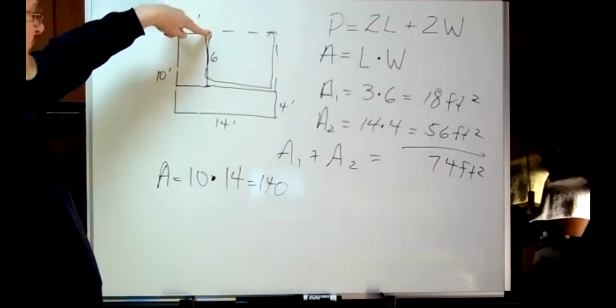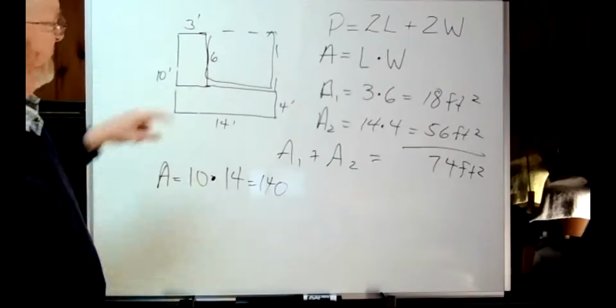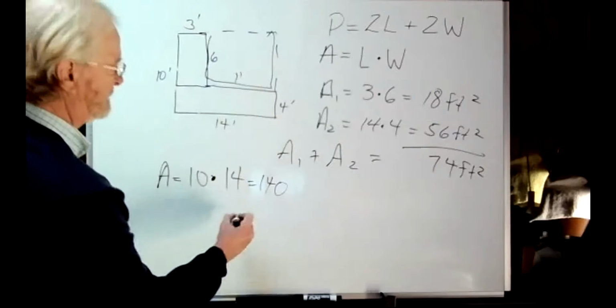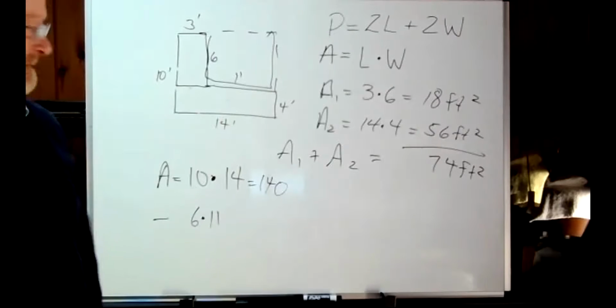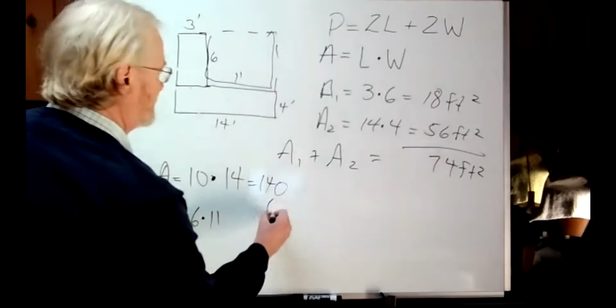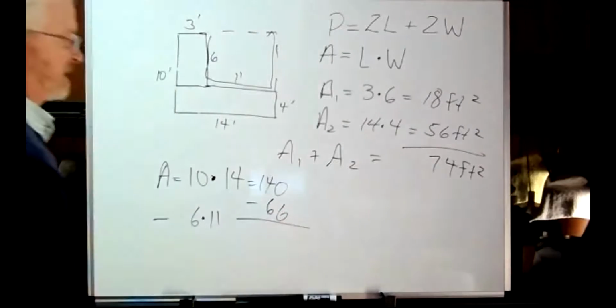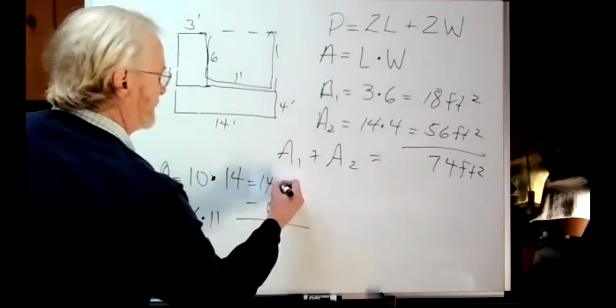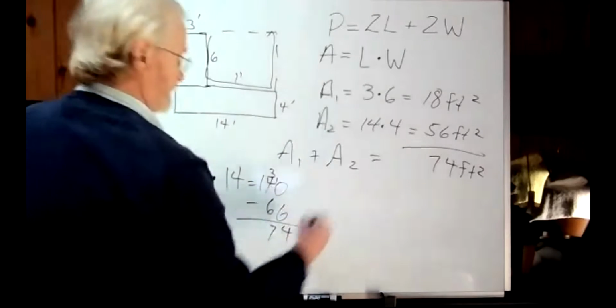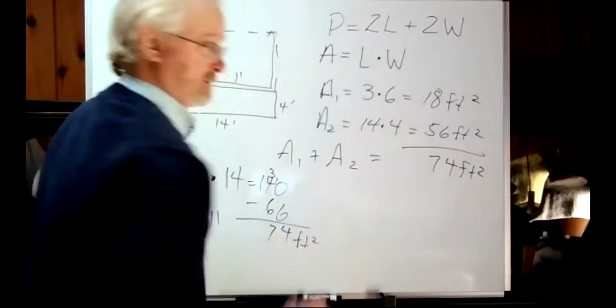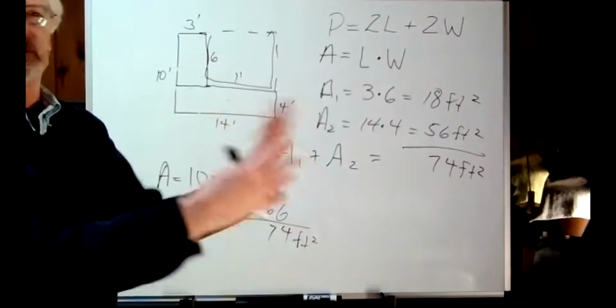I'd have to subtract 6 here, and we figured out that was 11. I'd have to subtract that. I'm getting sloppy, slow down, Steve. 4, and still 74, good, same number. It should be.